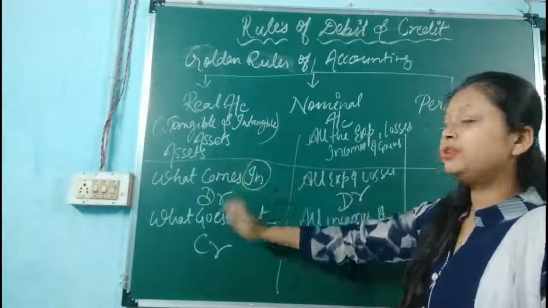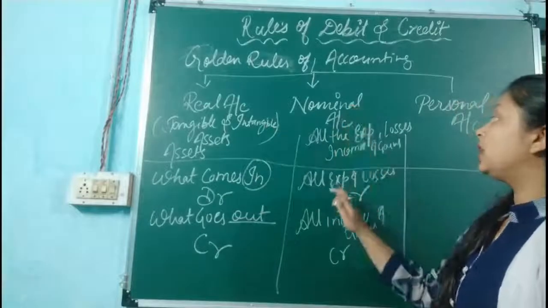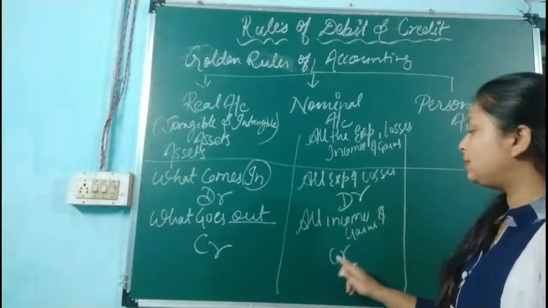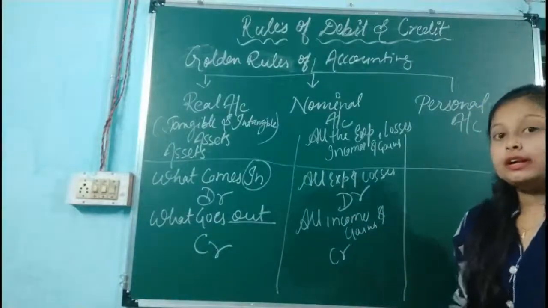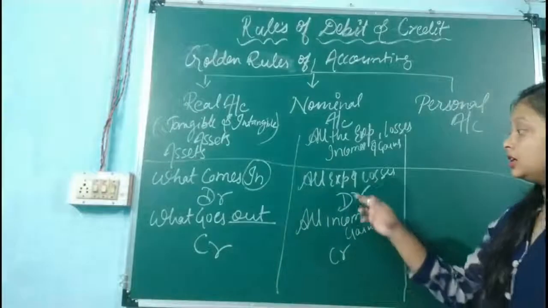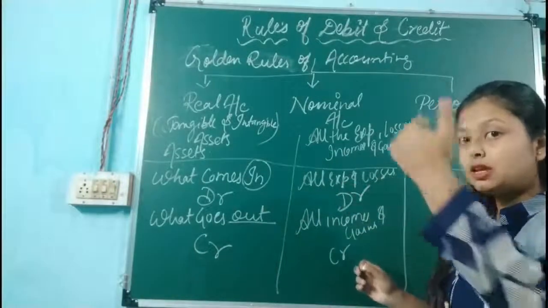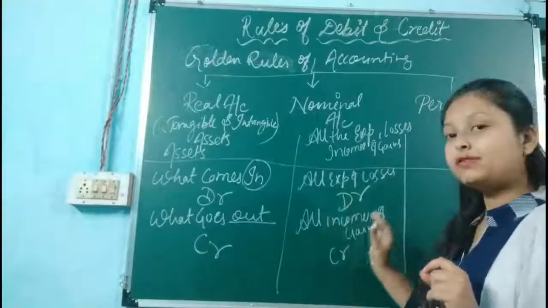What comes in is debited, what goes out is credited, that is the rule for real account. For nominal account, all expenses and losses are debited, all income and gains are credited. We have already discussed what expenses, losses, income and gains mean in the previous basic terms videos.